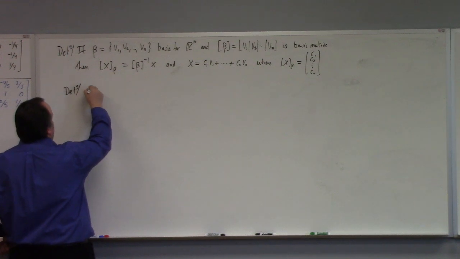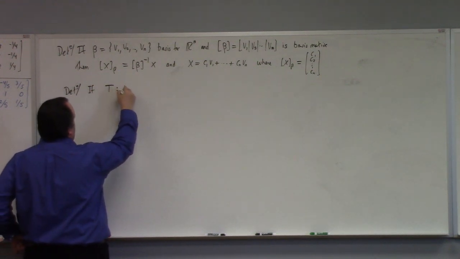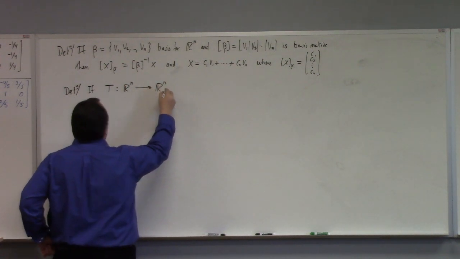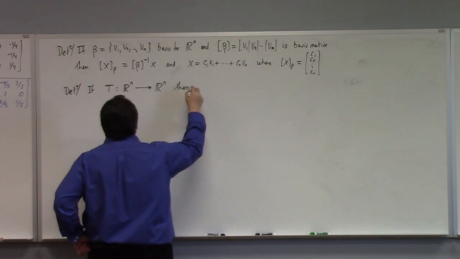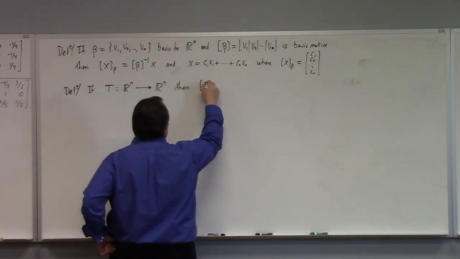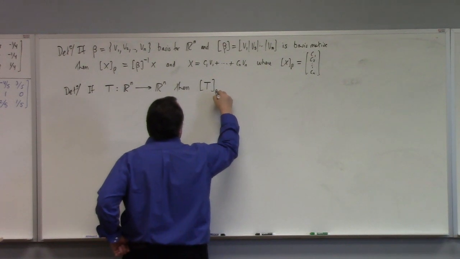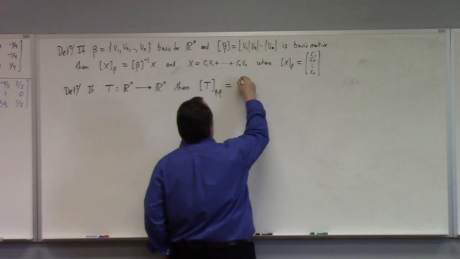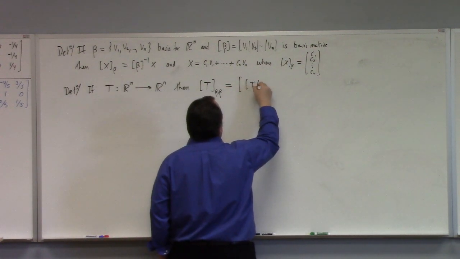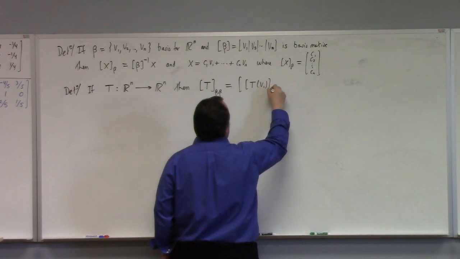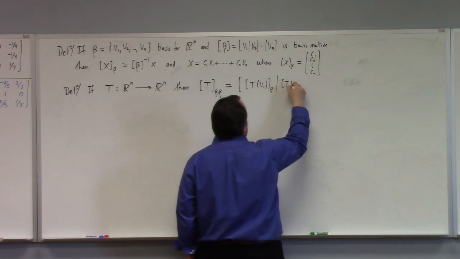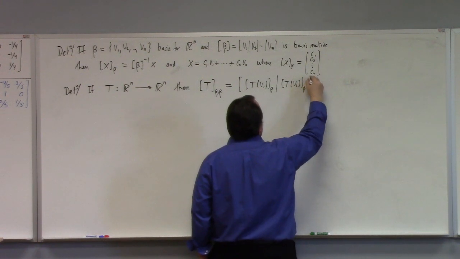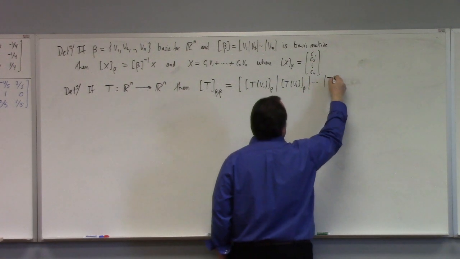So if T is a linear transformation from Rn to Rn, then the matrix of T with respect to the beta basis is simply the beta coordinates of T of v1, the beta coordinates of T of v2, and so forth until we get to the beta coordinates of T of vn.